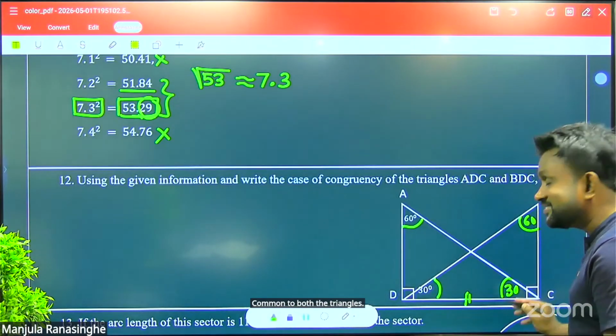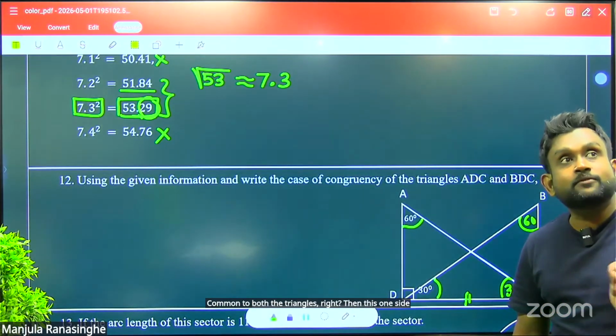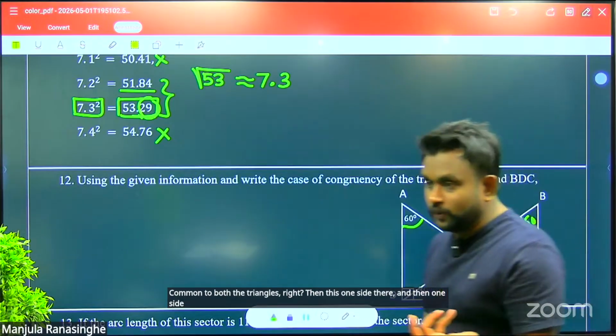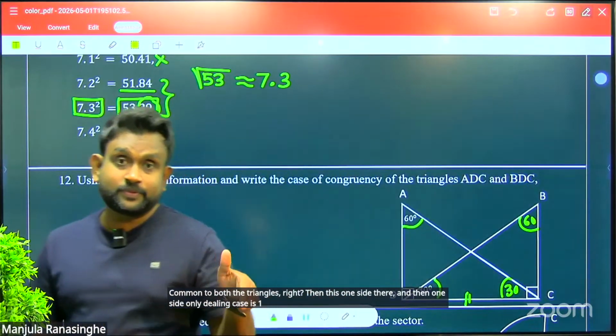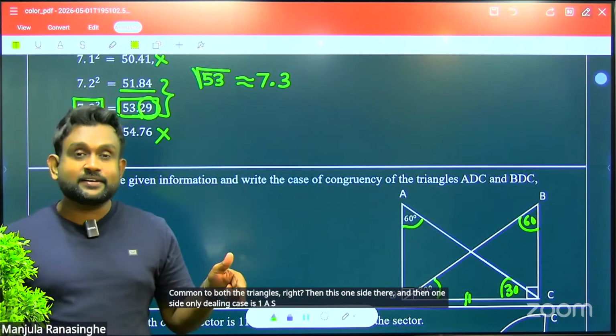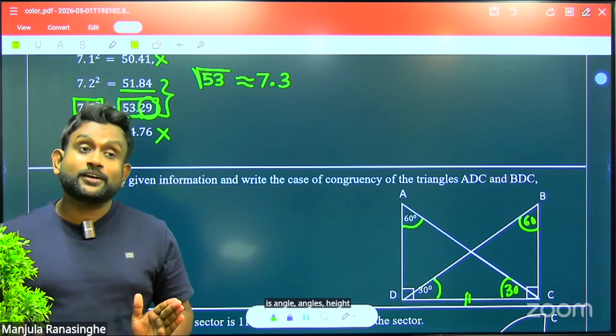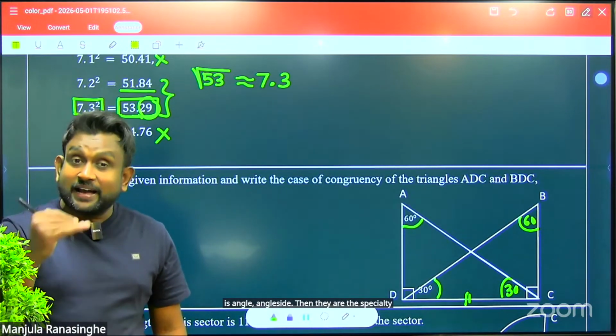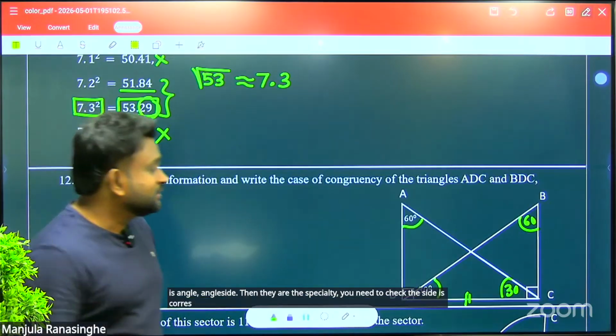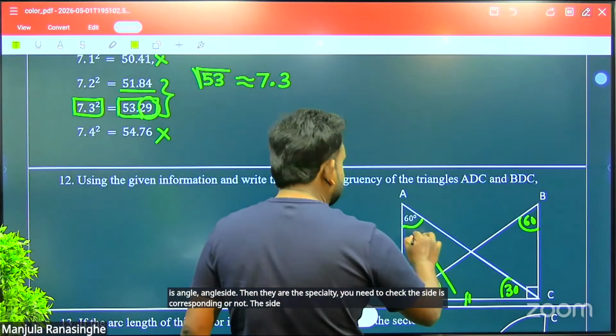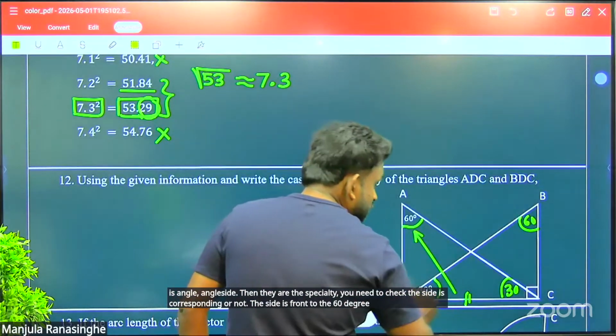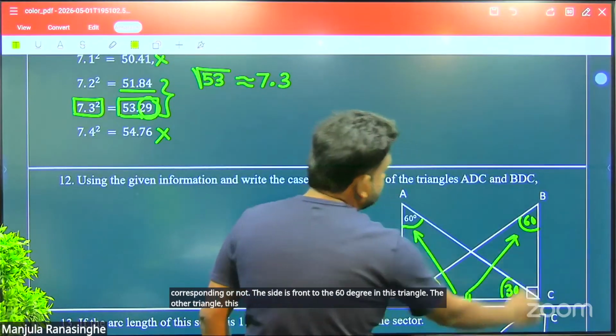Then this one side is there, and the case dealing with angles and one side is what? AAS. AA is angle, then side. Then the specialty is you need to check whether the side is corresponding or not. This side is opposite the 60 degree angle in this triangle. In the other triangle, this side is also opposite the 60 degree angle.